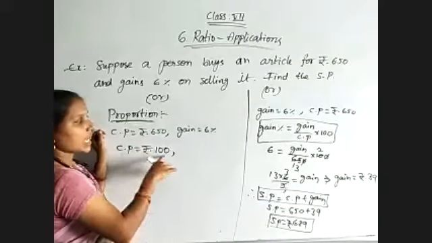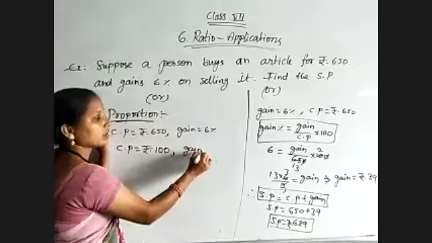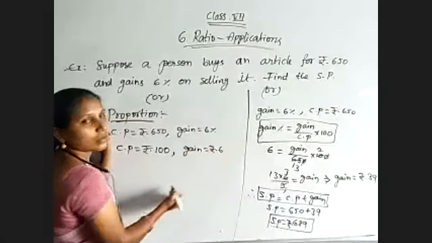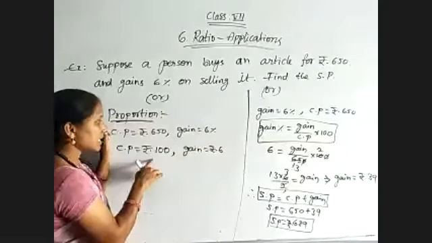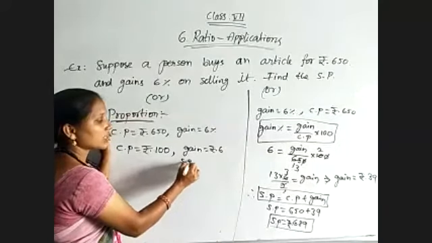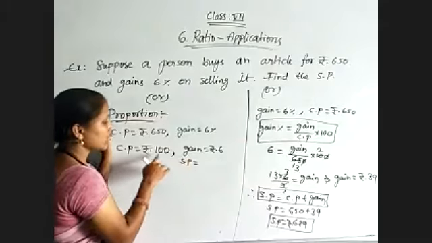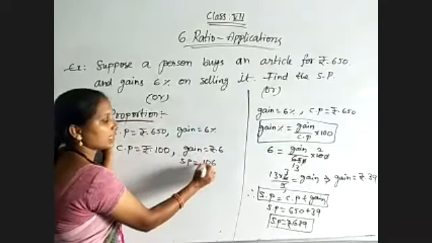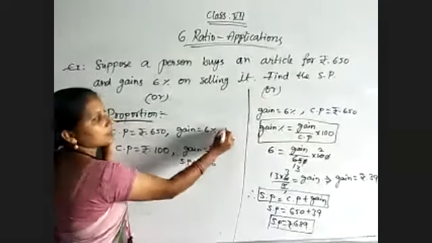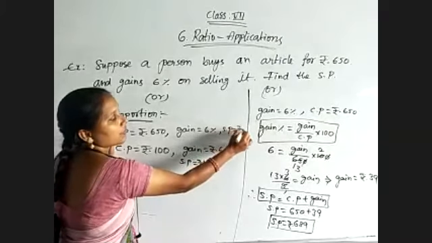When CP is 100, gain will become 6 rupees. In that case SP will be equal to CP plus gain, that is 100 plus 6, which means 106 rupees. And here what is SP? We don't know, SP is equal to X. So first condition.